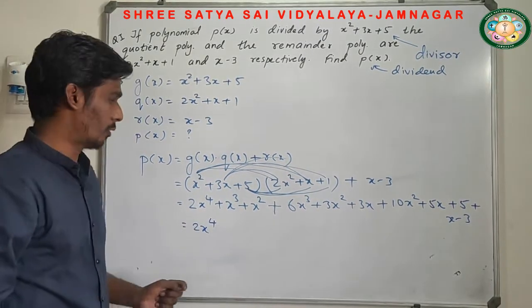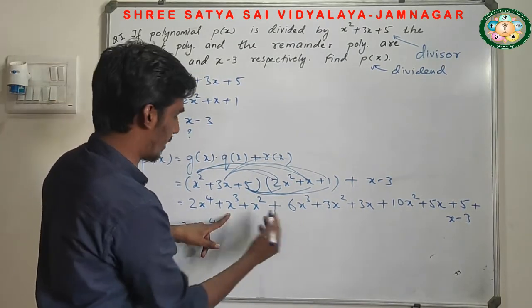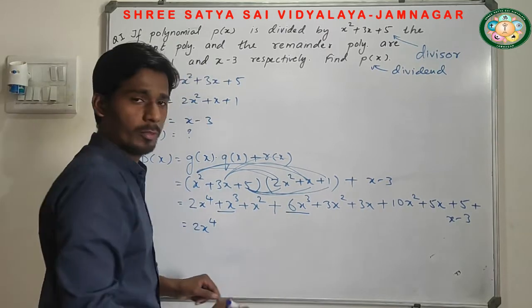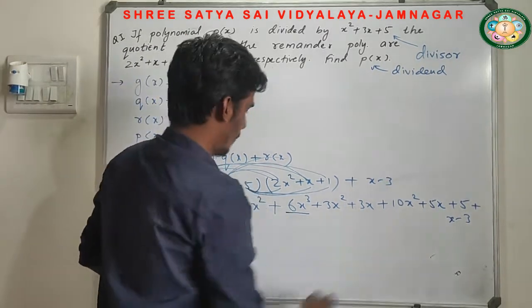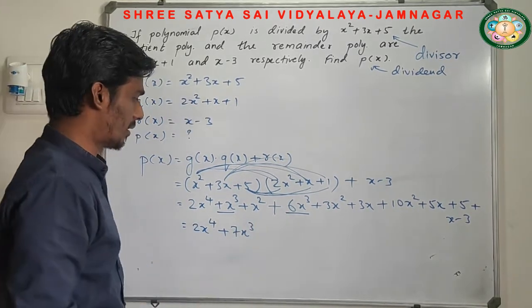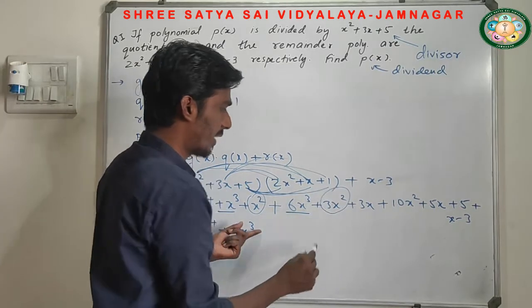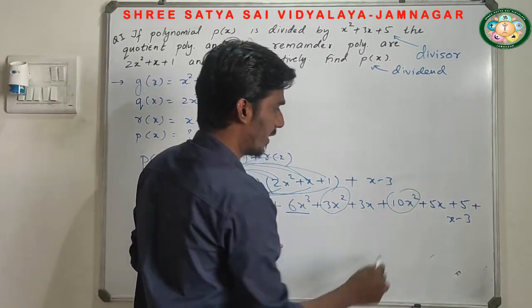2x raised to 4. X cube. Here 1x cube, here 6x cube. 1x cube, 6x cube, 7x cube. So it's 7x cube. Now let's take all the square terms. X square, 3x square, 10x square.